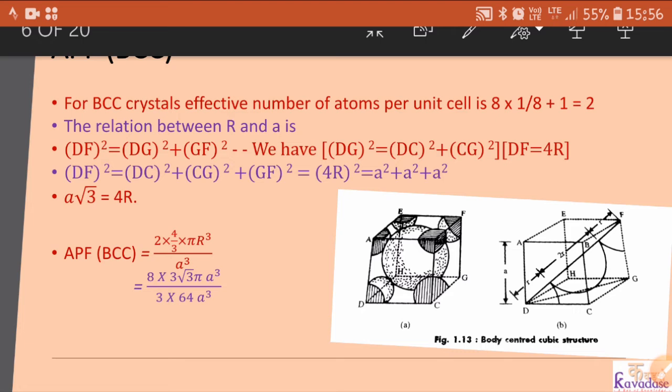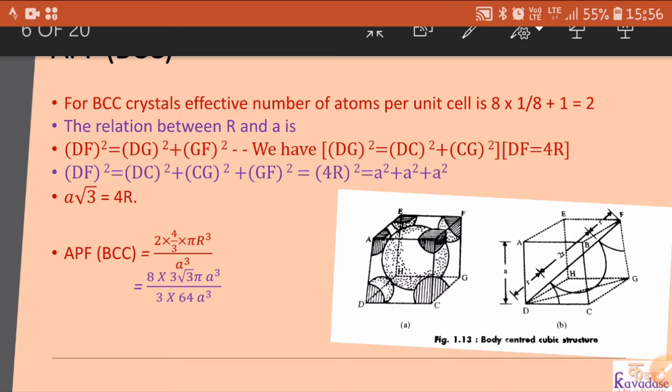By putting the values, we will get 2, the number of effective atoms, into volume of atoms, that is 4 by 3 pi r cube, divided by volume of unit cell, that is A cube.